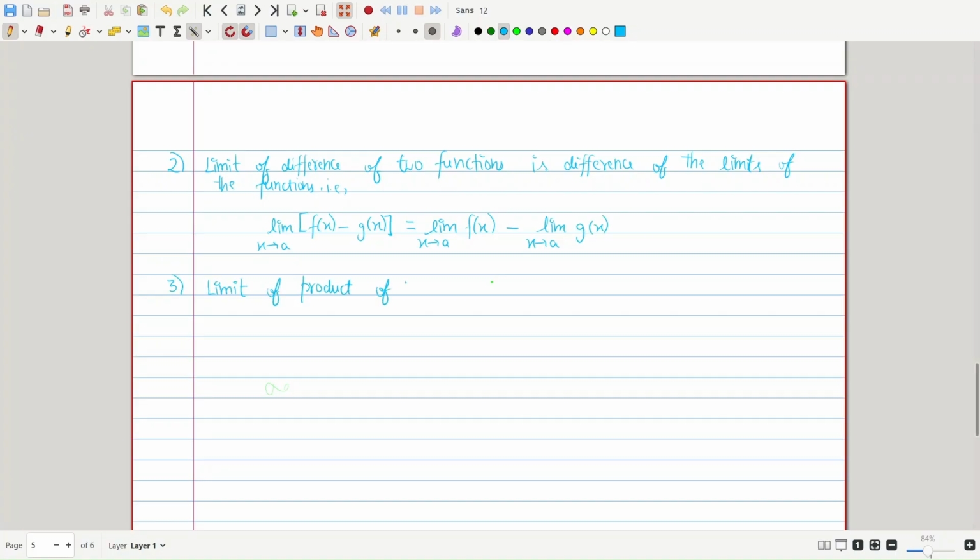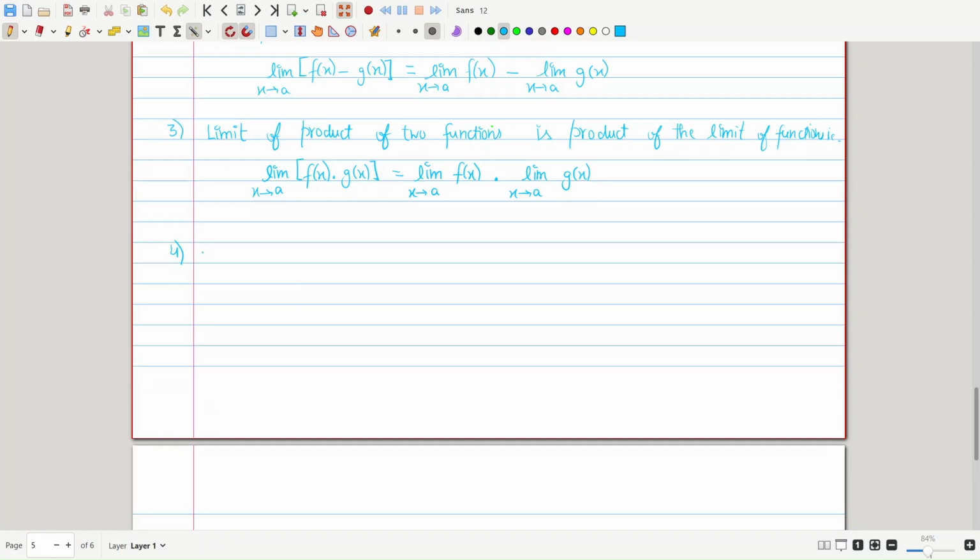Thirdly, we have the multiplication rule. The limit of the product of two functions is the product of the limits of the functions. That is, limit x tending to a f(x) times g(x) is equal to limit x tending to a f(x) dot limit x tending to a g(x). So basically the product of individual limits. The third one is going to be very important for us while we solve problems.